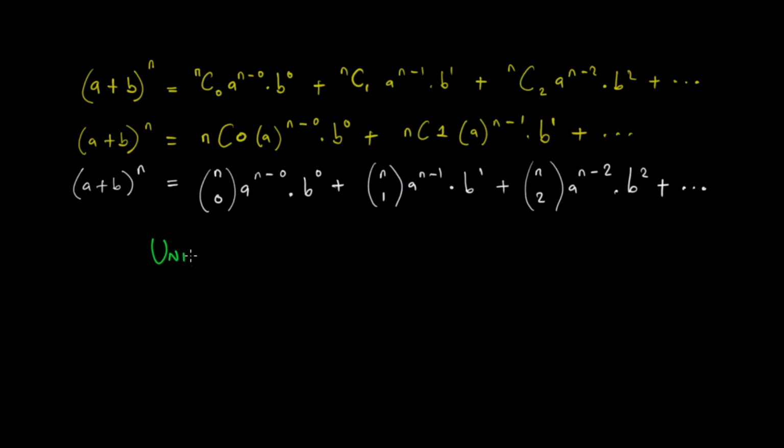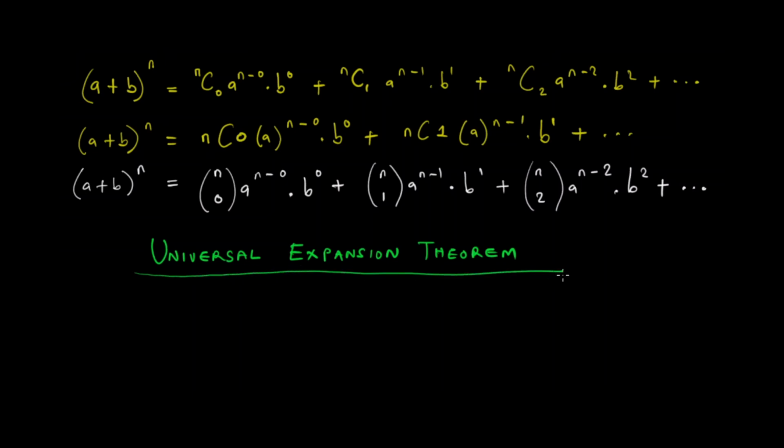What we want to learn here is that the universal expansion theorem is necessary as well. But if you want to choose which one to use when the conditions are satisfied, I would just encourage you to use the binomial theorem. So this is what is called the universal expansion theorem.